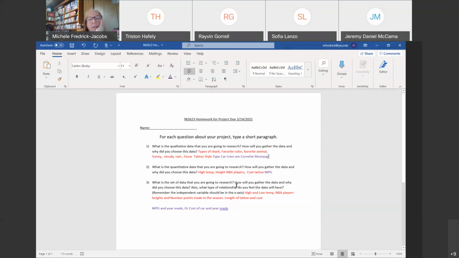And then their miles per gallon would be the numerical. And then here it has to be two numbers that you want to compare. Right. So the qualitative has to be something that is not a number.